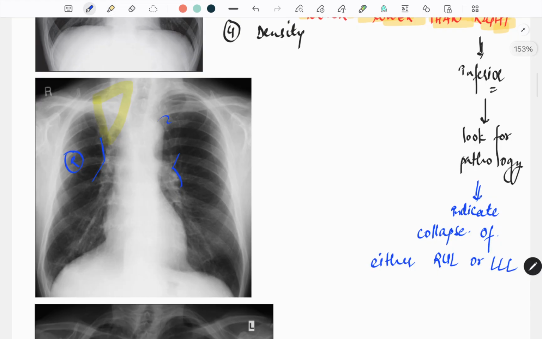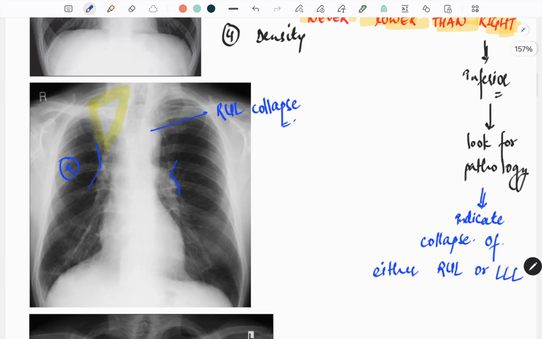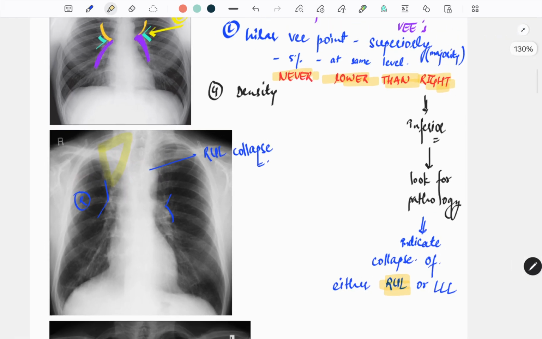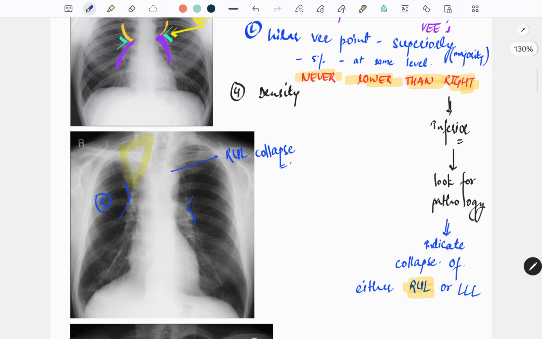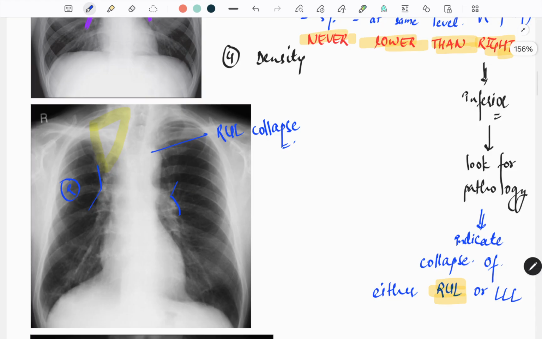This is an X-ray showing right upper lobe collapse. One was right upper lobe collapse. Then we'll come to the next. This collapse will pull the hilum towards itself.